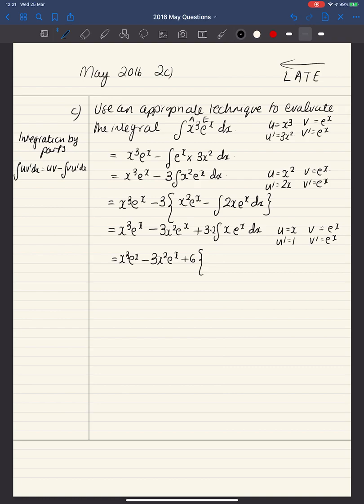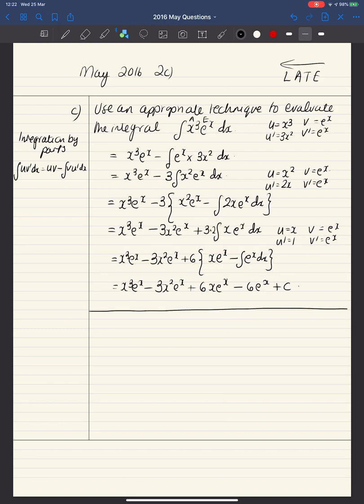We have to do uv again, x e to the x minus the integral of v du dx, dx. So this is x cubed e to the x, minus 3x squared e to the x plus 6x e to the x minus 6. The integral of e to the x is e to the x. So it's minus 6 e to the x plus c. Okay, so that's a bit fiddly.